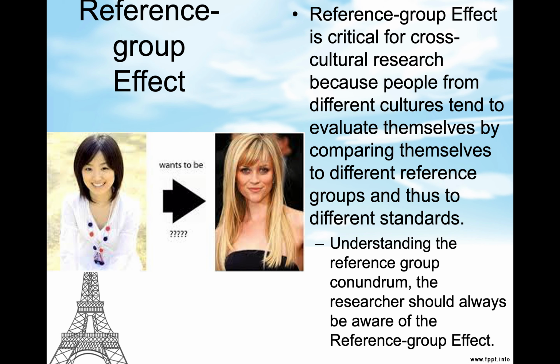So here we have a girl from Japan. She wants to be Reese Witherspoon. That's what she wants to look like. Of course, it's not going to happen with her black hair. Most Japanese have very dark hair. She has cat's eyes.